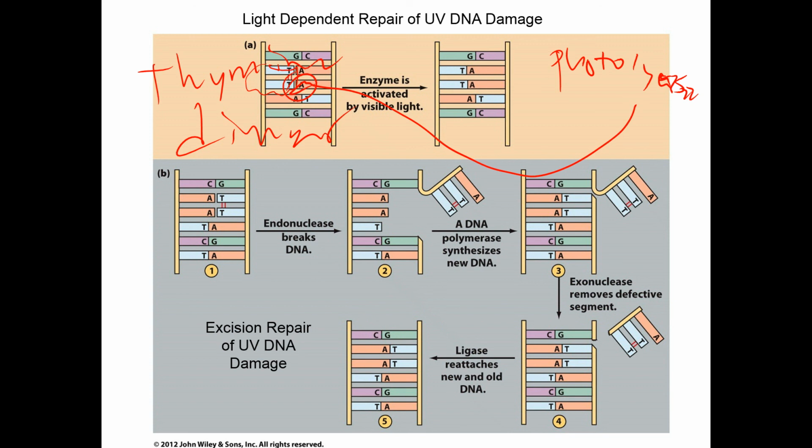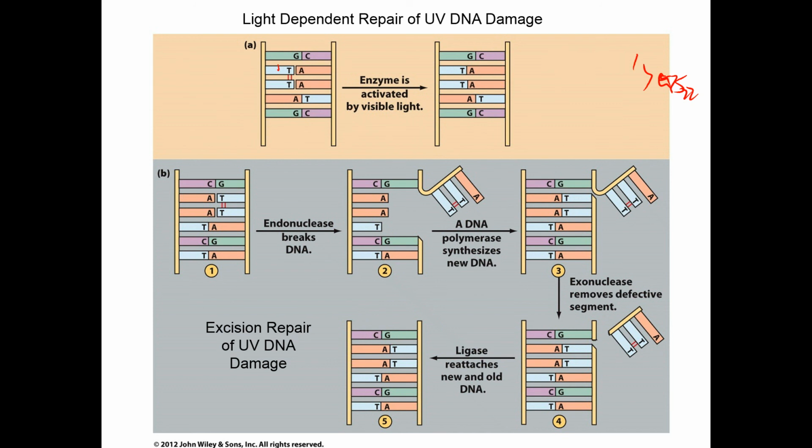Now you have excision repair. This is labeled as the light-independent repair mechanism. Here you have excision repair, or nucleotide excision repair, with the same mutation. What happens is that the nucleotides that have the mutation get cut out.